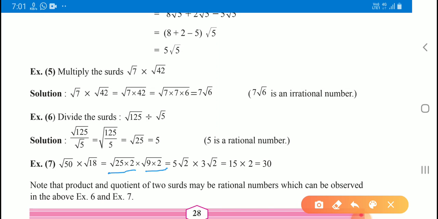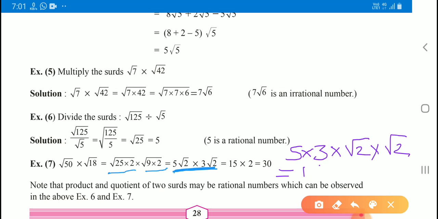So 5 root 2, 3 root 2. Here multiplication is there, so root 2 is root 2 into root 2. Okay, here what to do, look here. In addition we had taken this root one time only, but here we will take it two times. Means here what you have to do, 5 multiplied by 3 multiplied by root 2 multiplied by root 2.